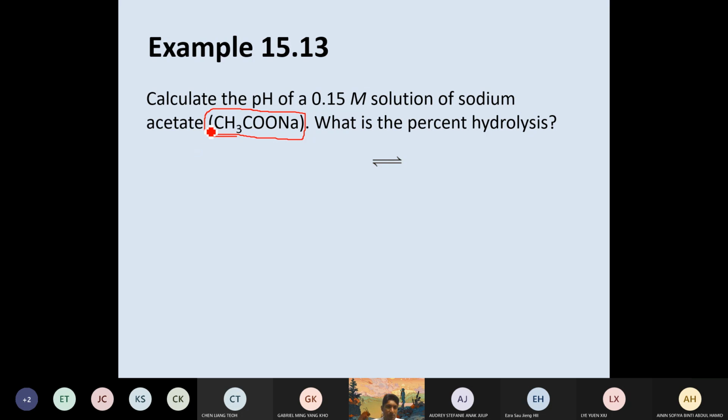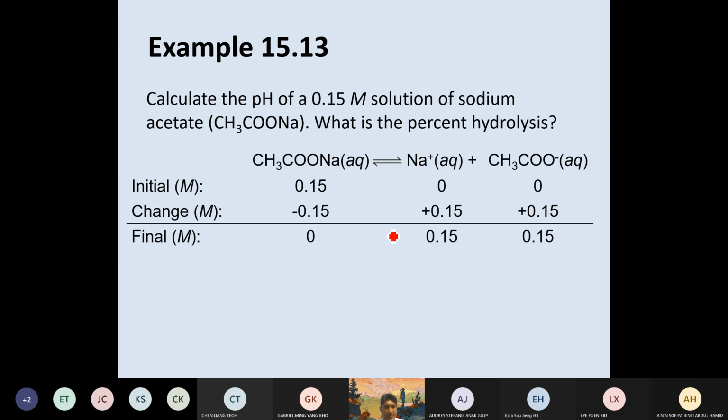So 0.15 molar of salt, sodium acetate, has been dissolved in the water, and it will be completely dissociated in water. So all 0.15 molar of the salt will be dissociated and produce the same amount of sodium and acetate ion.